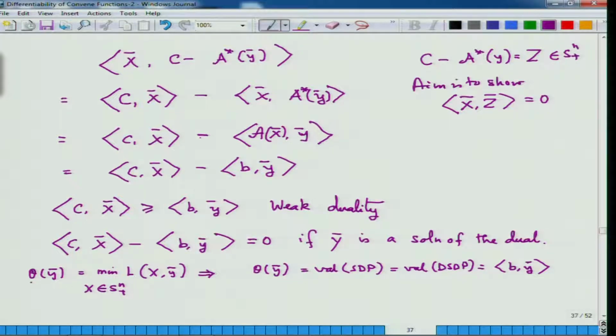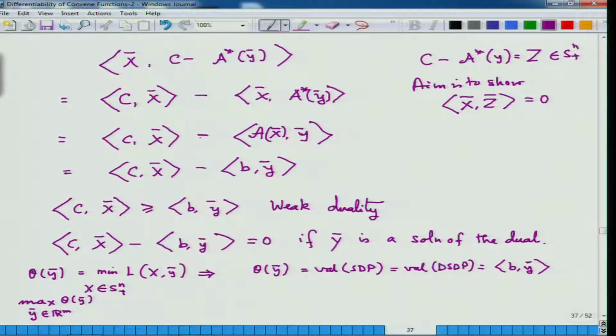So, if you look at theta y bar, what is the dual problem? It is maximize theta y over y element of Rm.